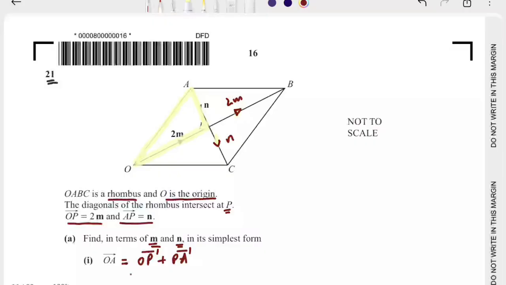The value of OP is 2m, and the value of PA is negative n, as we are moving opposite of AP. Students, just see, if you move opposite of any vector, that comes a negative vector. So the answer would be 2m minus n. Let me write here.